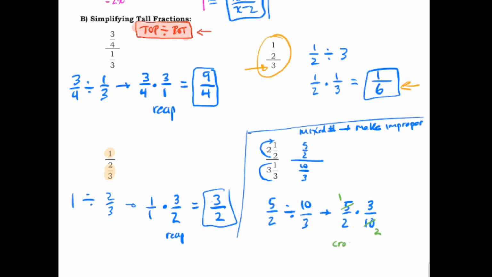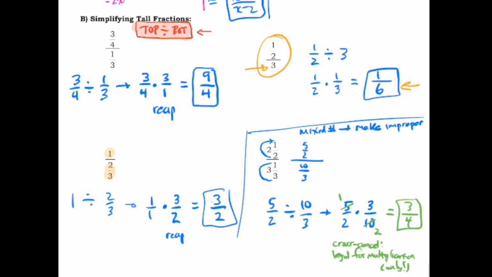Maybe I'll write that down. Cross-cancel. Legal for multiplication only. But if you can do it, it's a nice idea because now you've got 1 times 3 is just a 3. 2 times 2 is just a 4. 3/4. That's what you get there. So who'd have thunk it? 2.5 divided by 3 1/3 is 3/4.